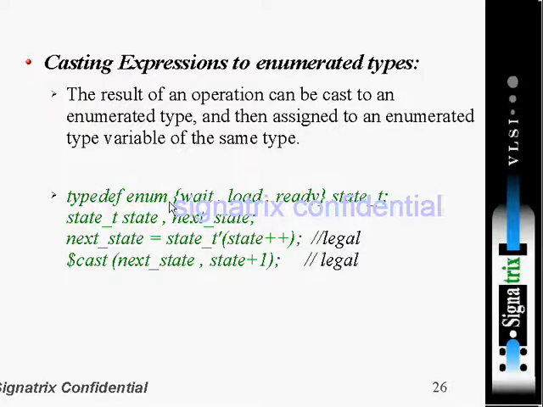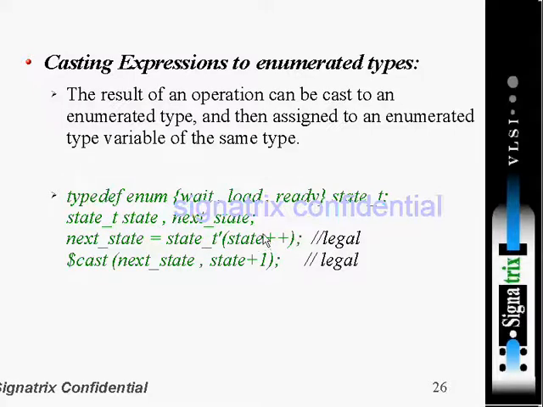Now typedef enum wait, load, ready, same example, state_t. So we have declared state and next_state of the type of enum. Now next_state is equal to state_t of, that is the user defined type, state plus 1.